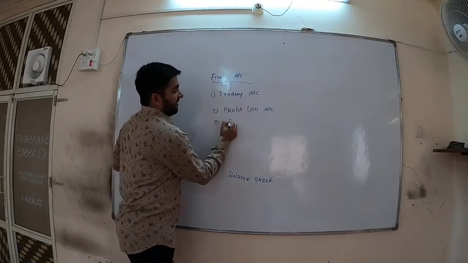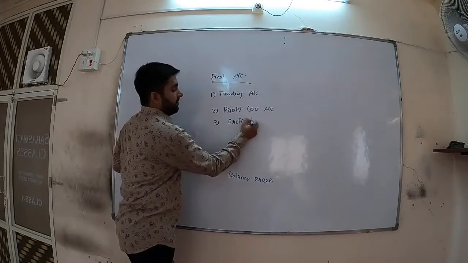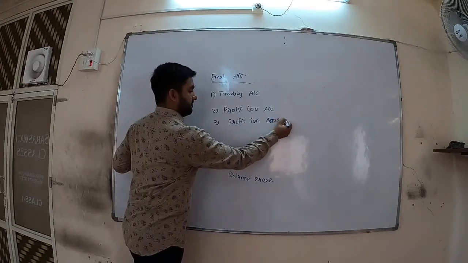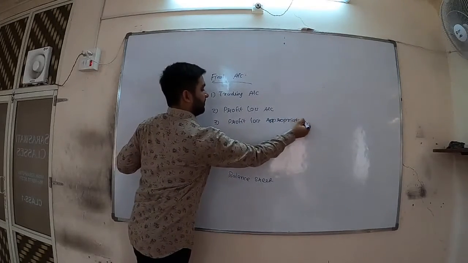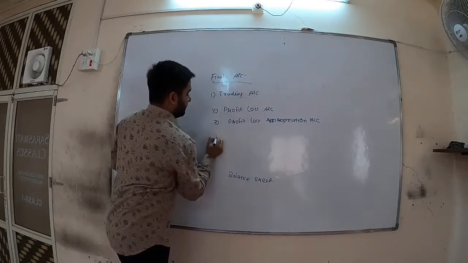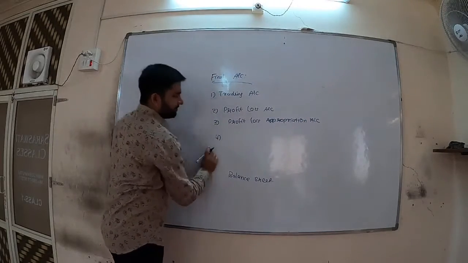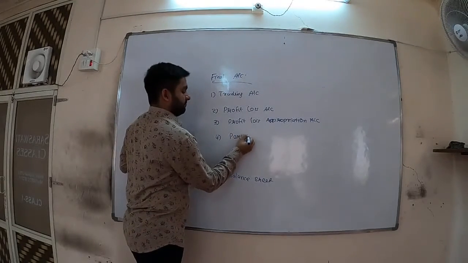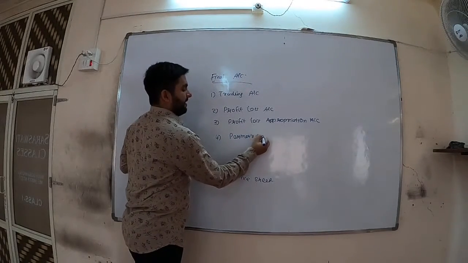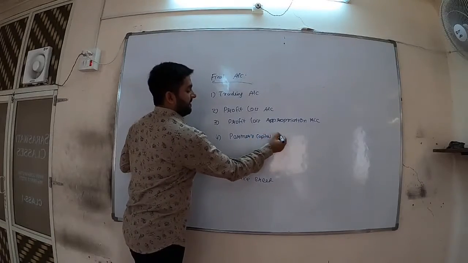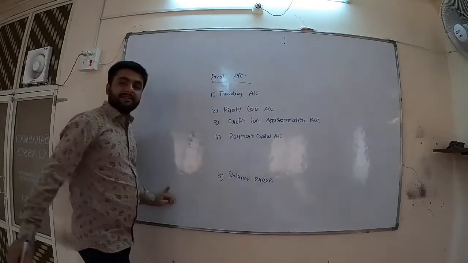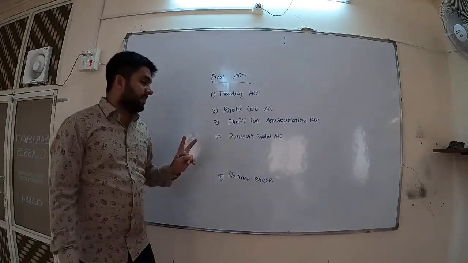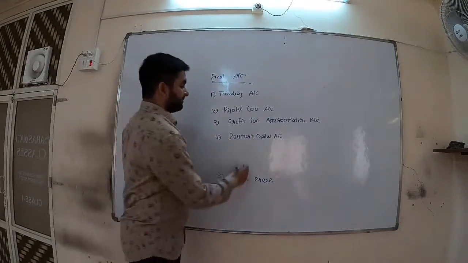Now one extra account: profit and loss appropriation account. Now number 4 has 2 parts, partners capital account, and number 5, balance sheet. Just now we discussed that there are 2 methods to prepare the capital account.